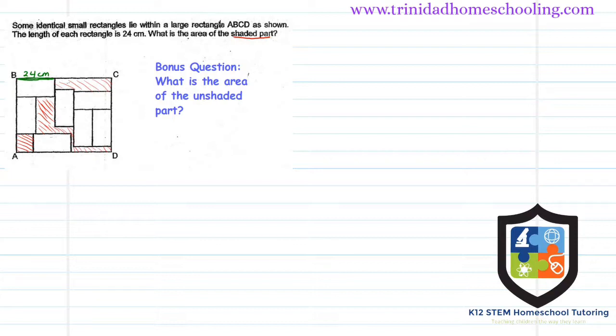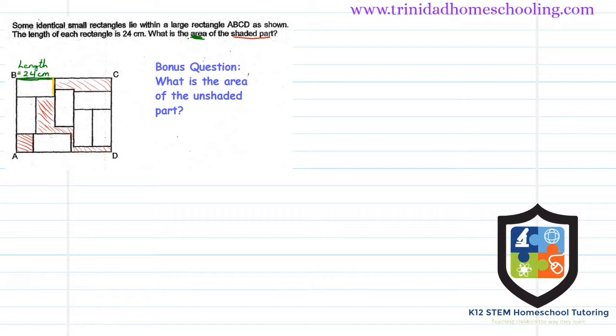Now, to find the area, we need the length, and we also need a width, or the breadth. Now the breadth is this shorter side here. Now let's look for clues to see if we could use something within this shape to find the width of the rectangle.